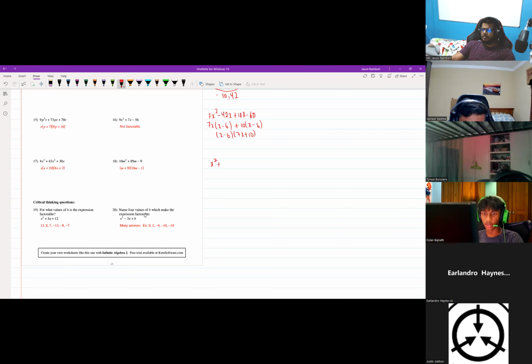x squared plus bx plus 12. a times c is 1 times 12, which is 12. I'll agree with that. Factors of 12: 1 and 12, 2 and 6, 3 and 4, minus 1 minus 12, minus 2 minus 6, minus 3 minus 4.